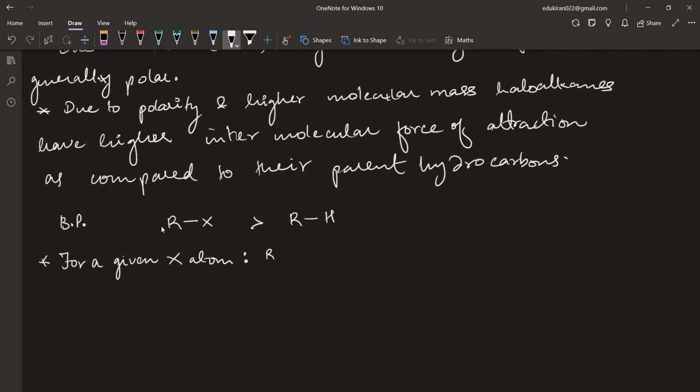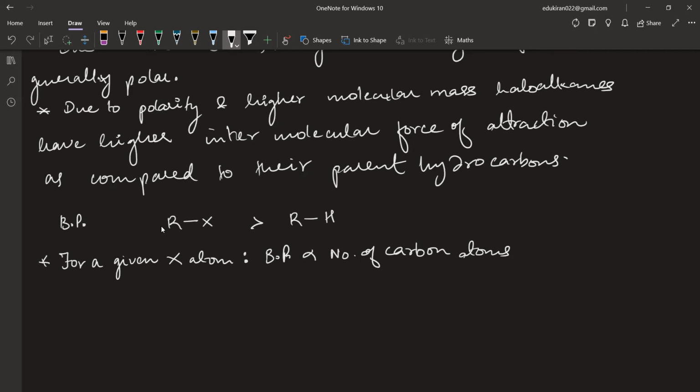In this case, the boiling point is directly proportional to the number of carbon atoms, because the molar mass is increasing.